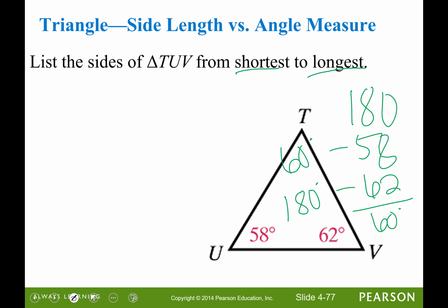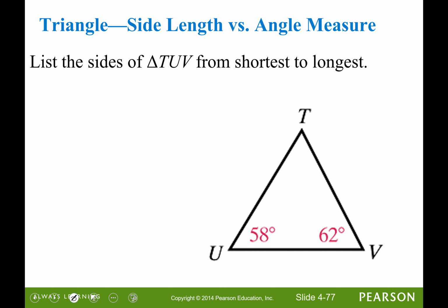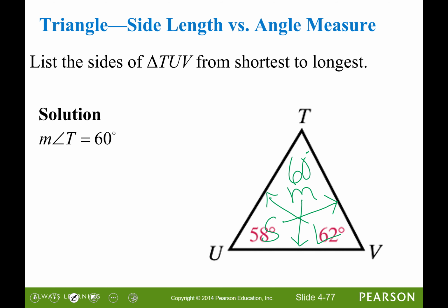So if we put the angles in order, shortest to largest, let me erase some of this. Put the angles in order, shortest to largest, it would go small, medium, large. We can write it like that. So the sides would be the shortest side, medium length side, longest side. So we have measure of angle T equals 60 degrees.